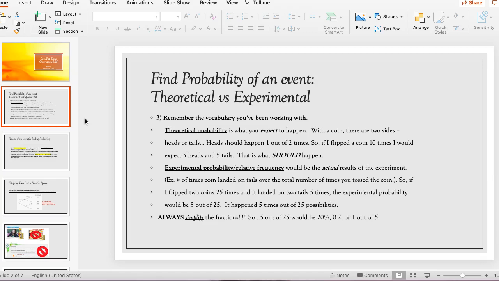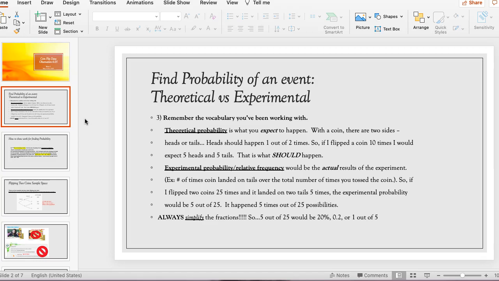If I were to experiment and actually flip the coin 10 times, I could record my data. All right, then we have experimental probability, what would actually happen. So the number of times the coin landed on tails over the number of times you tossed the coin.